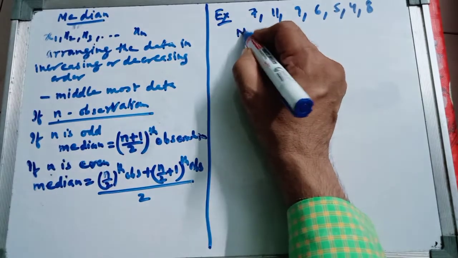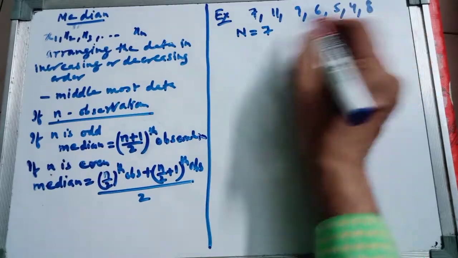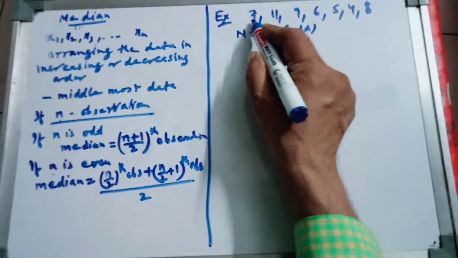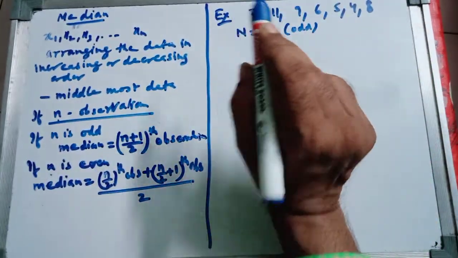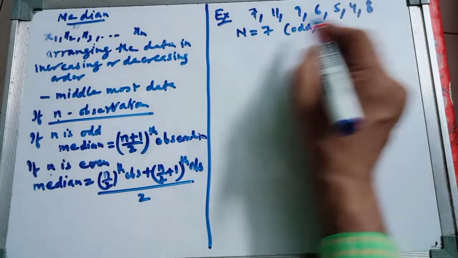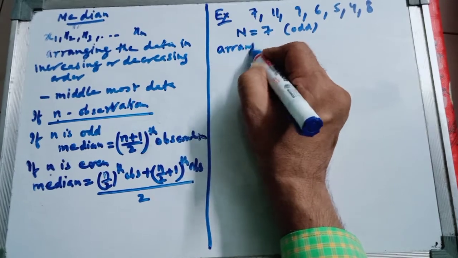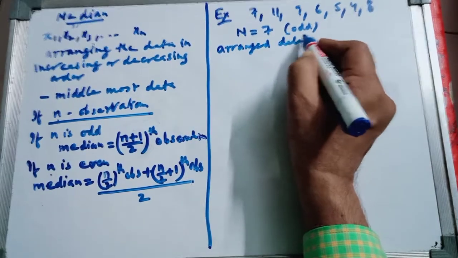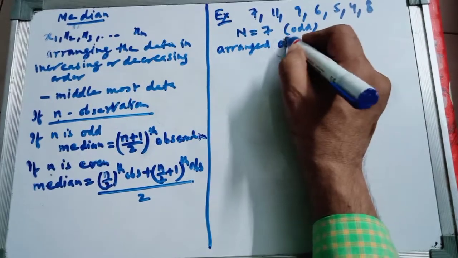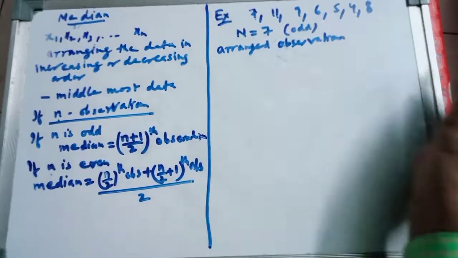So the number of observations is 7. First you write n is equal to 7, counted 1, 2, 3, 4, 5, 6, 7. So this is odd actually. You write this odd. Then you arrange the given numbers in the increasing or decreasing order. So what is the smallest number? 4. So arranged observations, either in increasing or decreasing order.